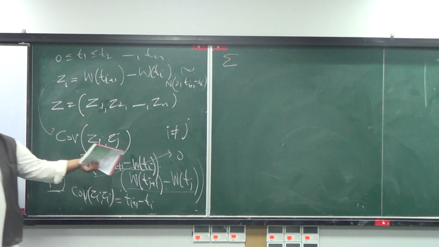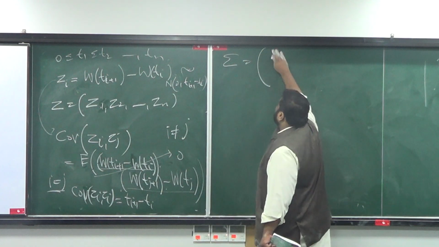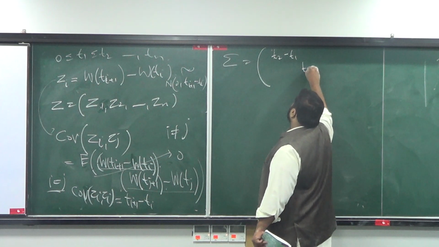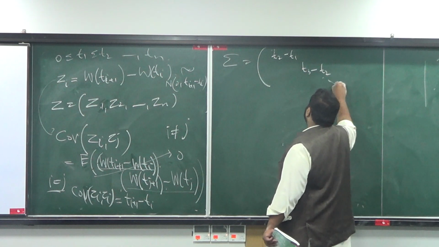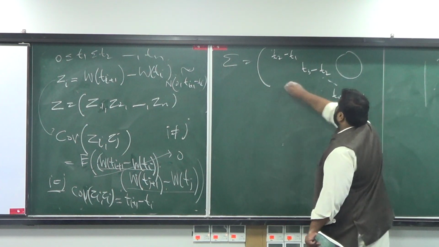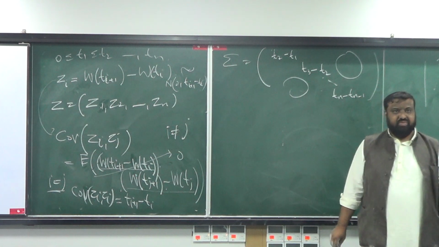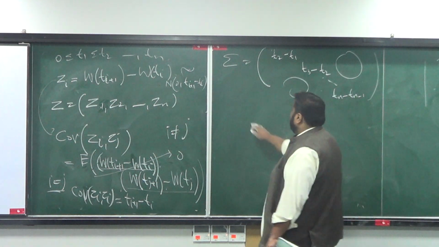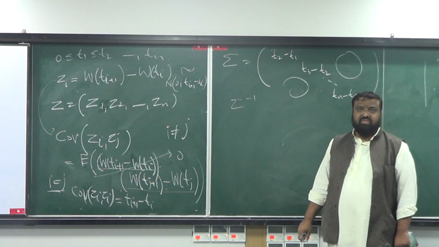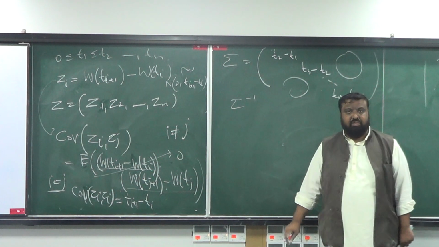It's going to be a diagonal matrix, in which the entries are T2 minus T1, T3 minus T2, and so on, up to Tn minus T(n minus 1), and the rest is 0. And what would be the inverse of it? Just one over each entry, since the inverse of a diagonal matrix inverts each diagonal element.